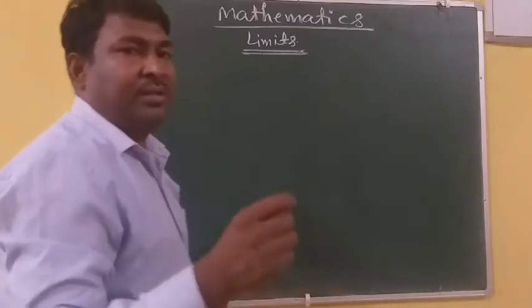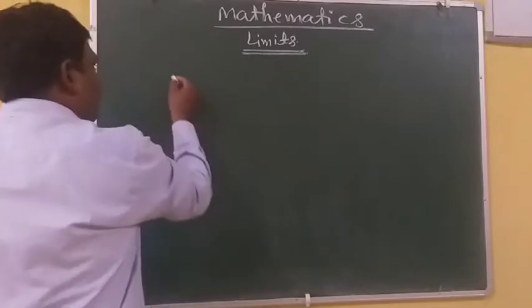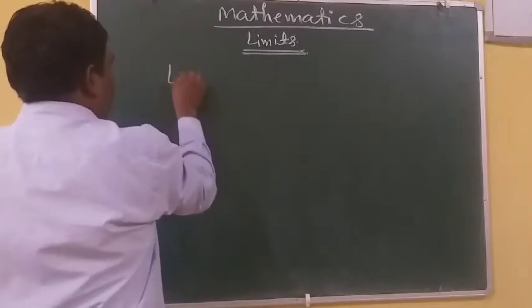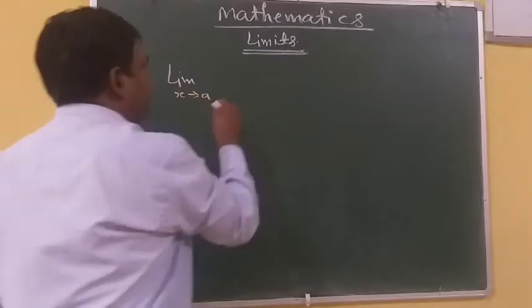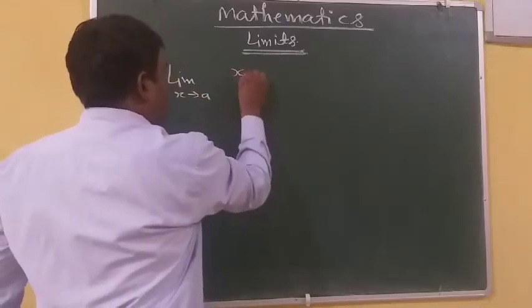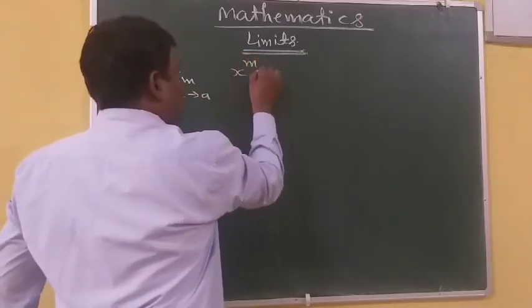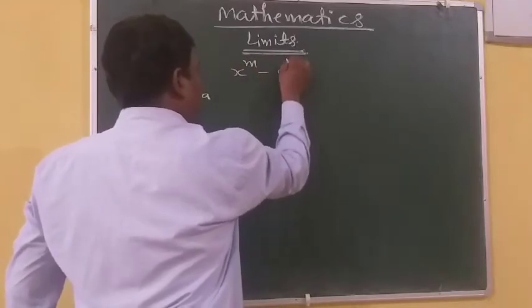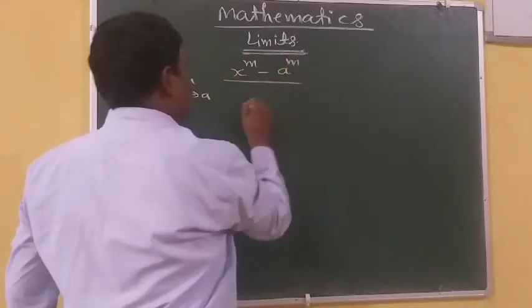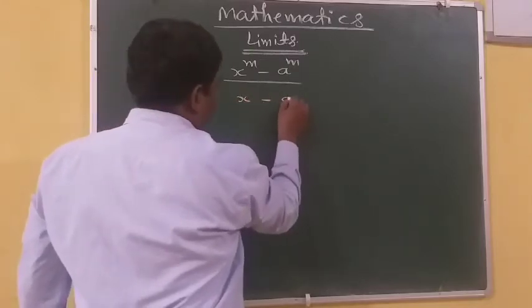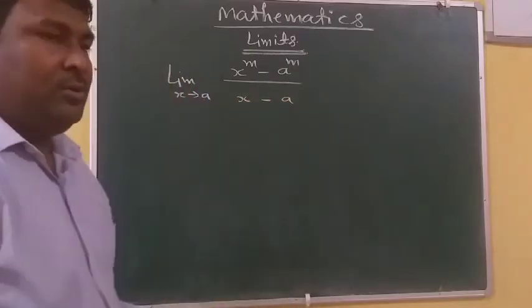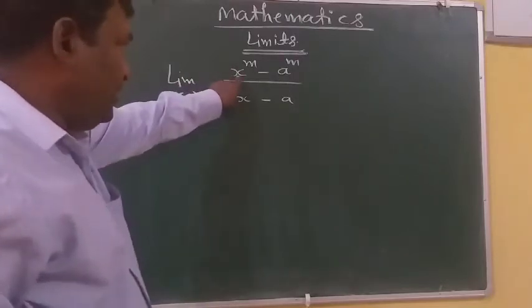Here first, limit x tends to a, (x power m minus a power m) upon (x minus a). Just you see, here there is a variable x.